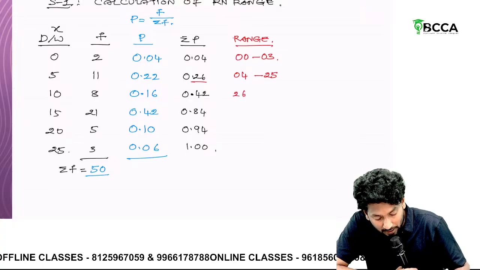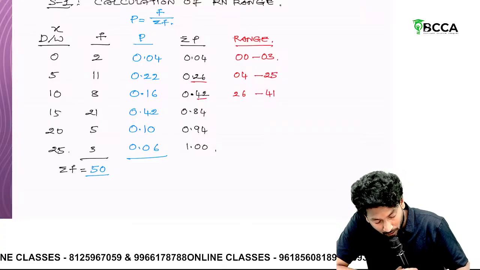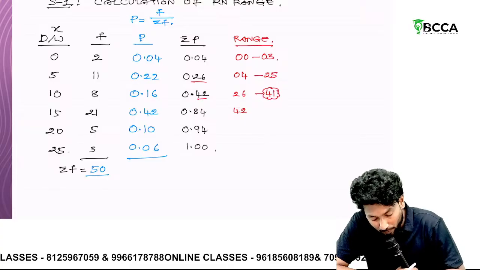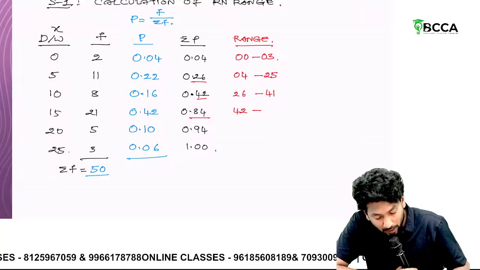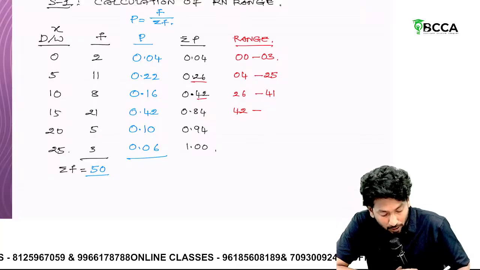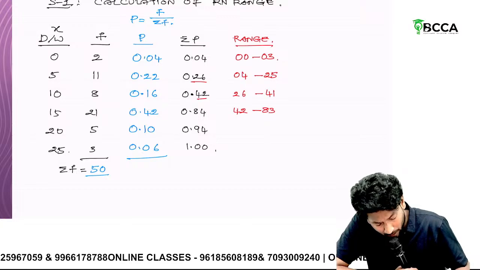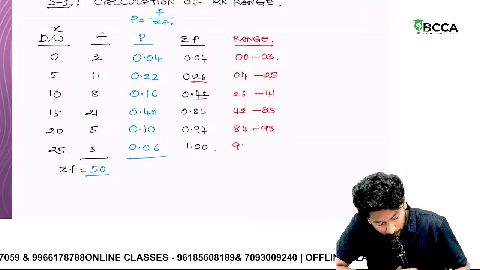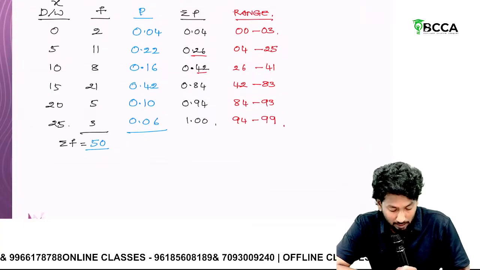Start with 26 here, then 42. As we ended with 41 for the previous class, start with 42. Next, as we have 84 as cumulative probability, take 83 here. So next 84 to 93, 94 to 99. That's it, sir. That is the range.